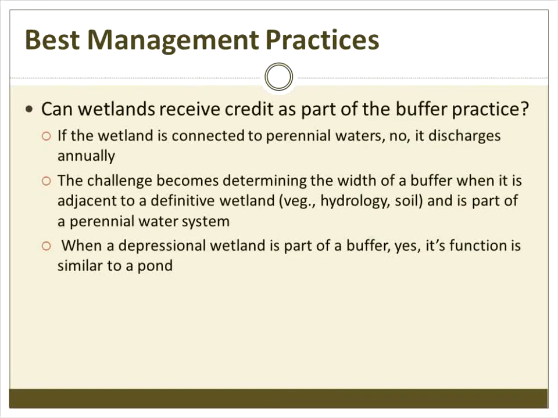Can wetlands receive credit as part of the buffer practice? I want to say that you should all be very wary of giving credit for wetlands. Unless you're a wetland specialist and you know what kind of wetland you're dealing with, you may not be able to make a determination, because if the wetland is connected to perennial waters, you cannot count it as buffer credit.